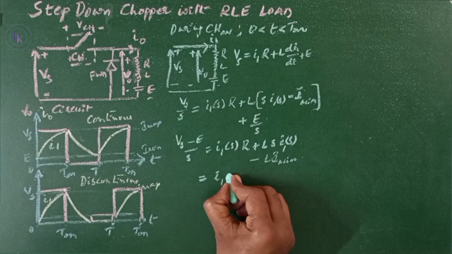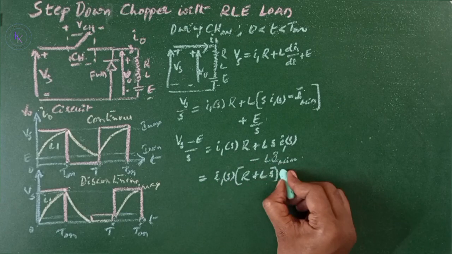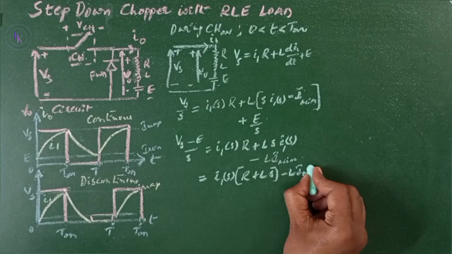On this side, I1 of S will be common, R plus Ls, minus L I minimum.